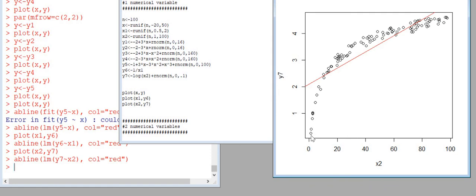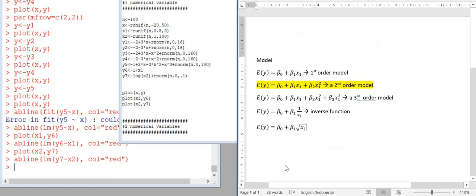If you know your logarithm functions, you can also see that this resembles a logarithmic function. So as an alternative you can propose the form beta naught plus beta 1 times, not the square root, but the logarithm of x1.